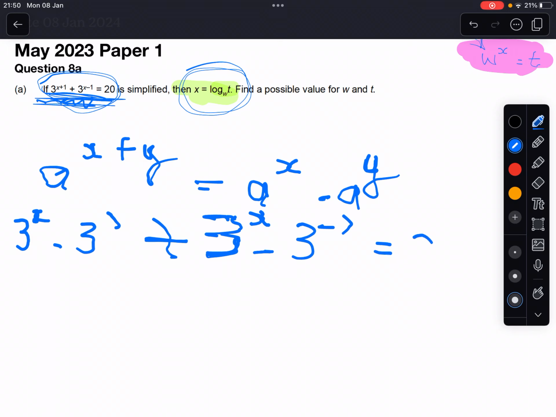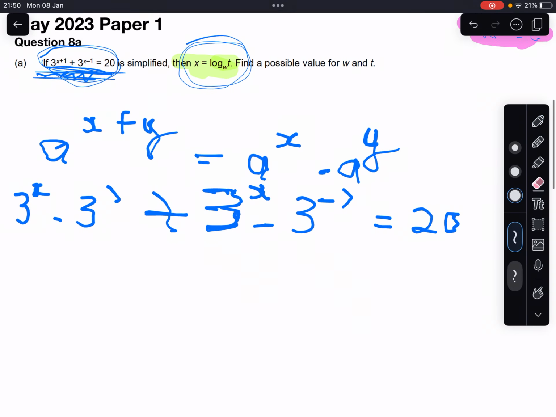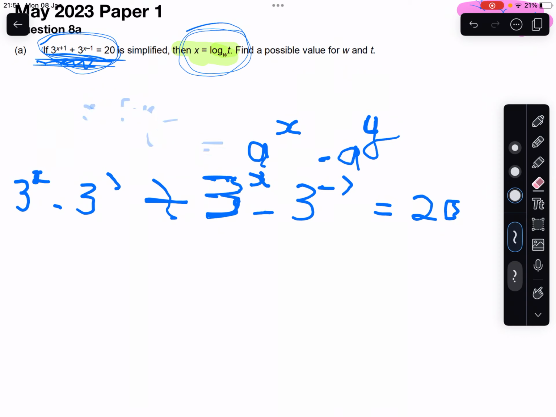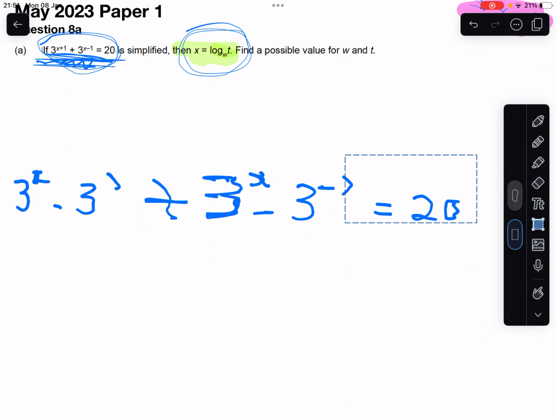And that is equal to 20. Right, so let's get rid of this, and let's move this up.